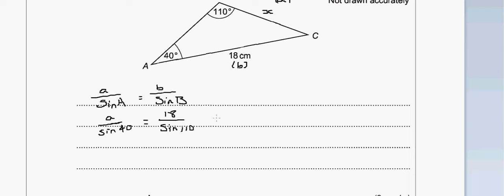So we need to rearrange this so we get little a on its own. So little a equals, now sine 40 is being divided here, so if I move it over it will multiply, so we'll have sine 40 multiplied by 18, and this is all going to be divided by sine 110.